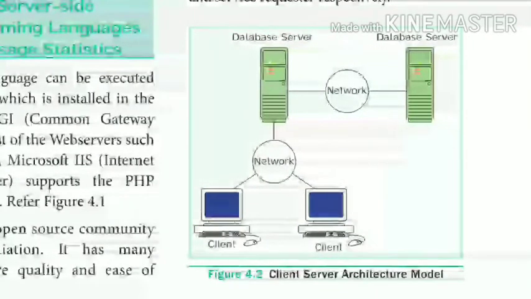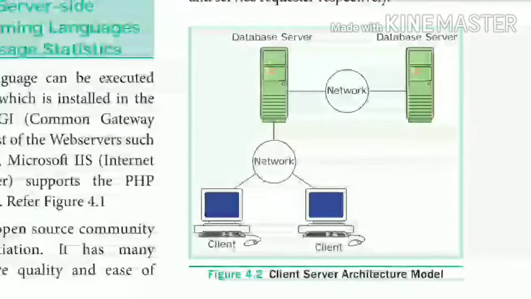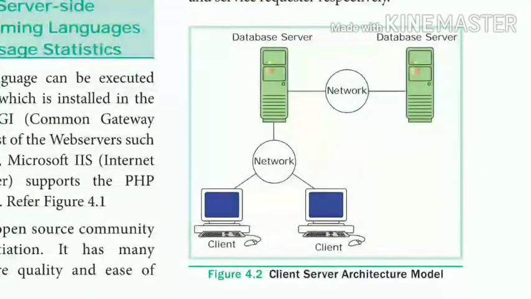At the bottom, two clients are connected to the database server through a network. They request some data from the database server, and the database server searches the database and responds with that data to the client through the network.